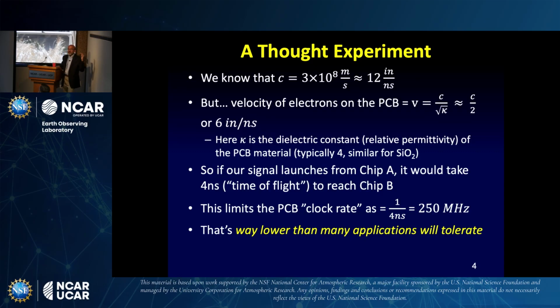electrons moving on that wire between chip A and chip B, they actually slow down because they travel at the speed of light divided by the square root of kappa, where kappa is the dielectric constant or the relative permittivity of the material on which the printed circuit board is designed.